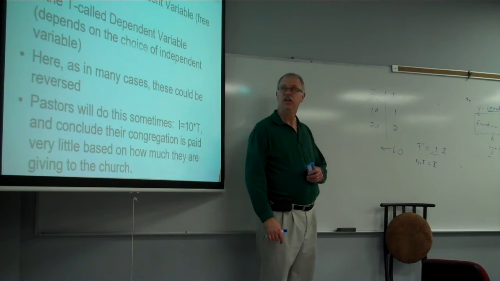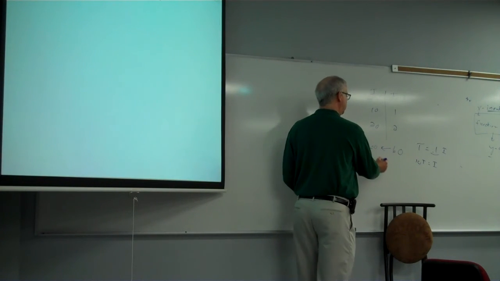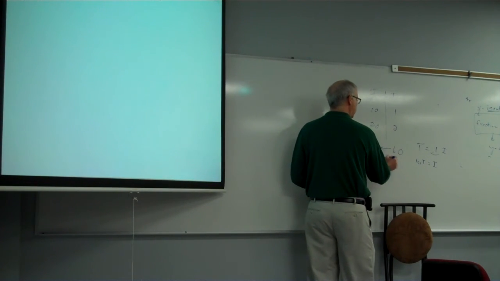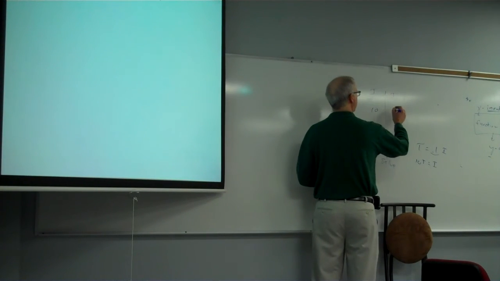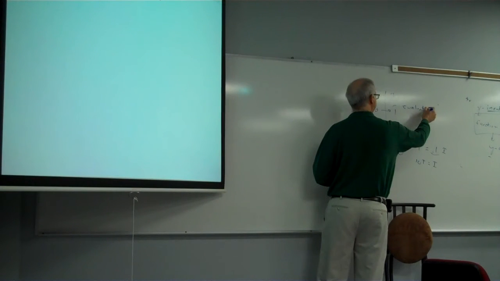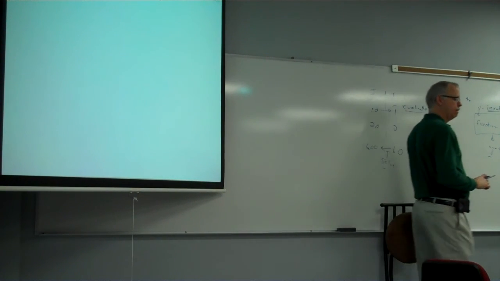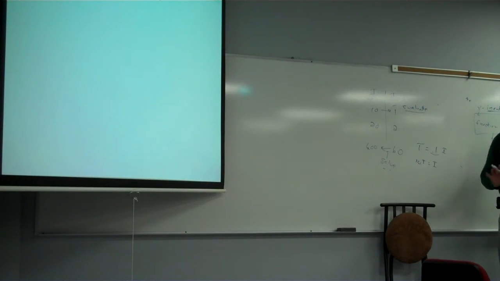So if they tithe $60, the income must have been 600. And so we actually solved in our function rather than evaluate. Either one of those is a valid thing we could be asked to do.